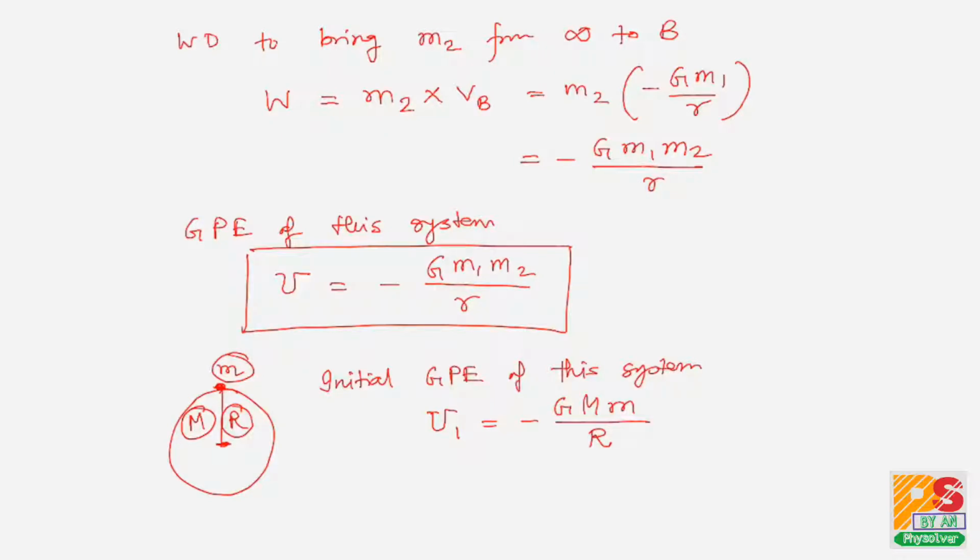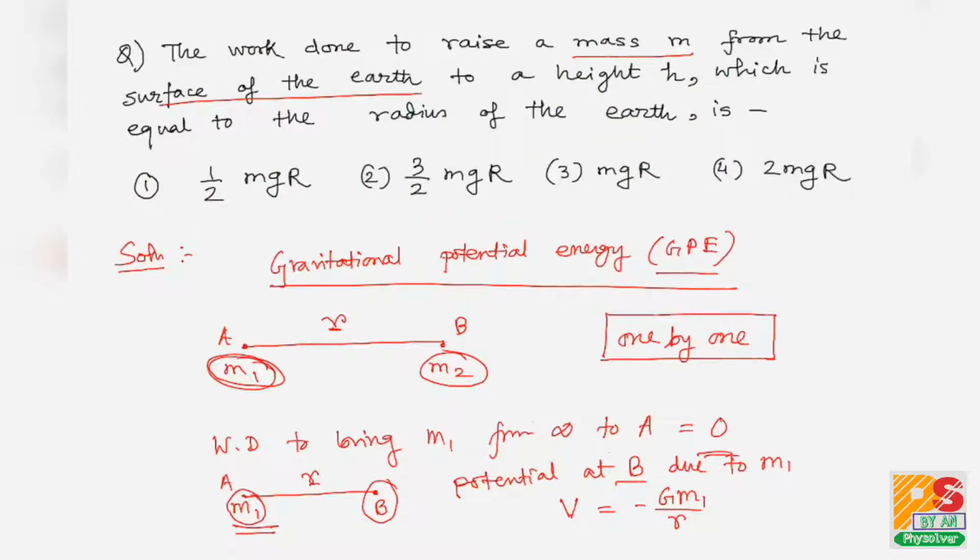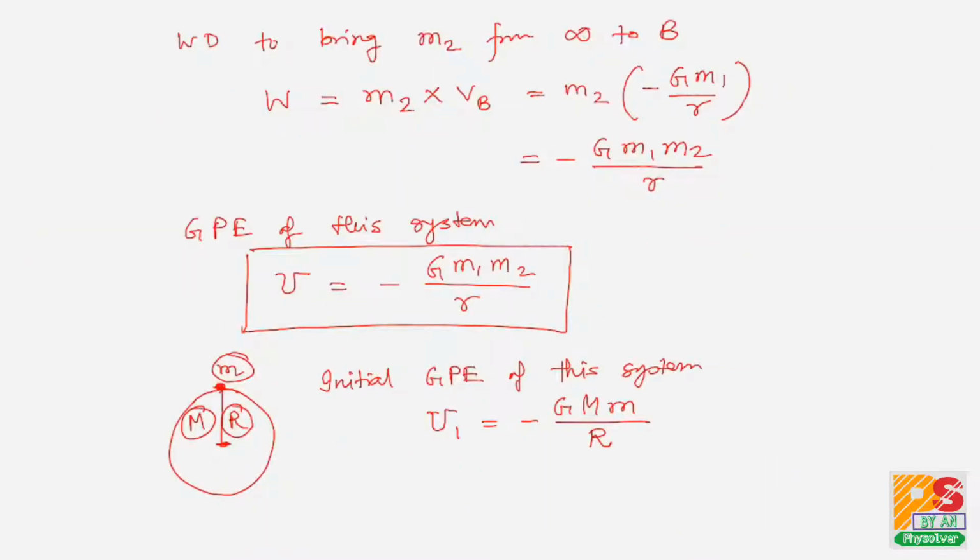I hope you understand. Now coming to the second case, this mass is raised to a height h which is equal to the radius of the earth. Now for the second case, proceed to the next slide. This is the earth, radius R. Now the mass m is situated at a height h above the surface of the earth. Now the distance between them is what? Obviously R plus h.